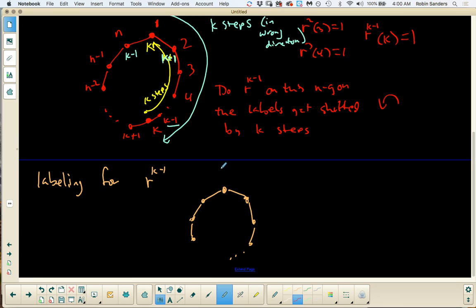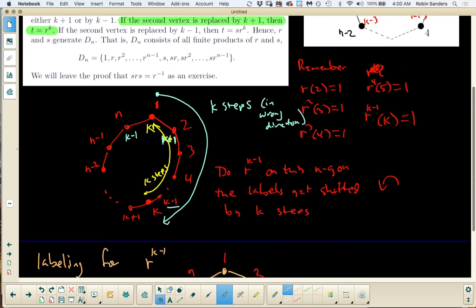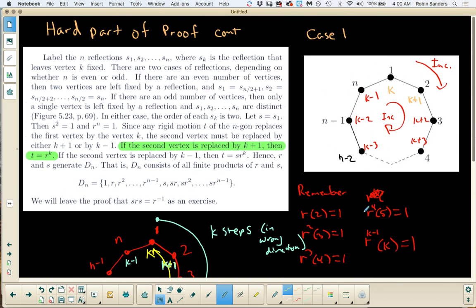On the outside labels, the original labels looked like this. But once we do the shift, the new labels look like k, k plus 1, k plus 2, k minus 1, k minus 2, and that is exactly the picture that we have in case 1. So if we just go back up and look at case 1, this is indeed exactly this picture here.